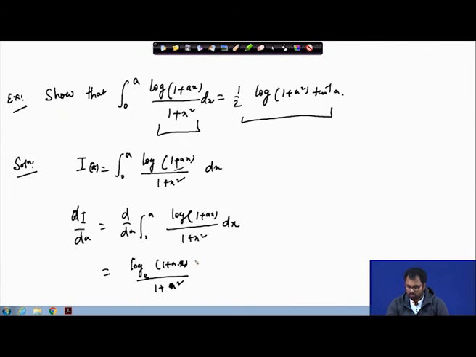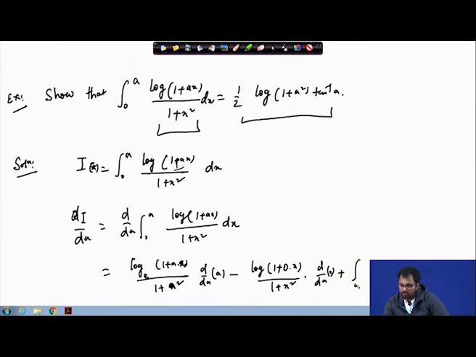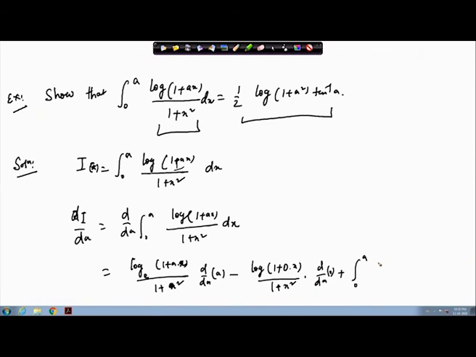So this will be d/da of a, minus the second term, which would be log of 1 plus, instead of a, I will substitute 0 times x divided by 1 + x², and then this will be d/da of 0, plus the integral from 0 to a of d/da, so this will be the derivative of log(1 + a x) divided by 1 + x² dx, right?